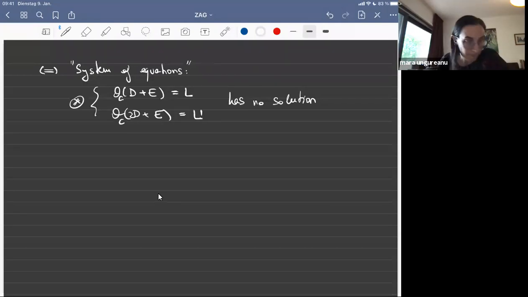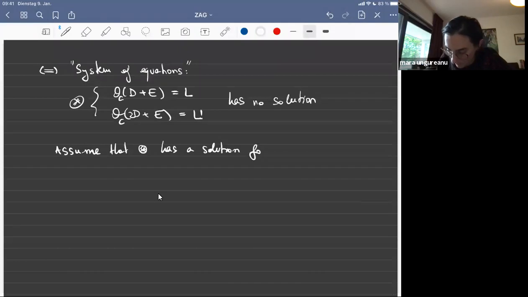So, for example, you assume towards a contradiction that this system, star, actually does have a solution for a general curve in M_g.